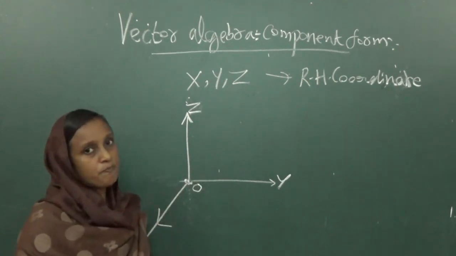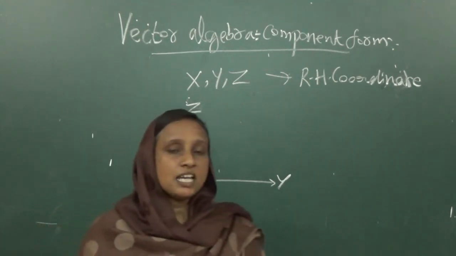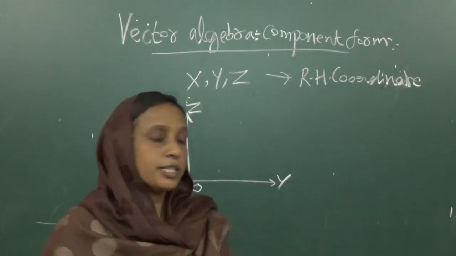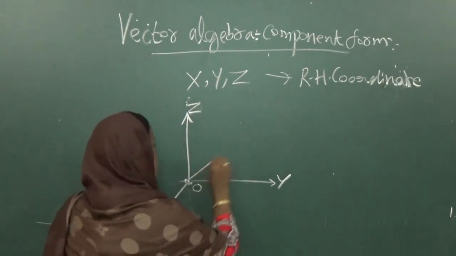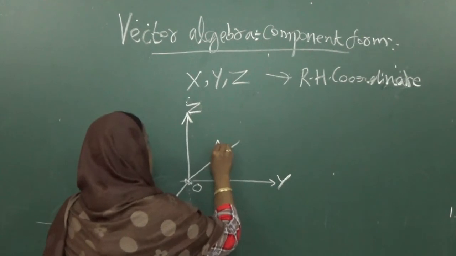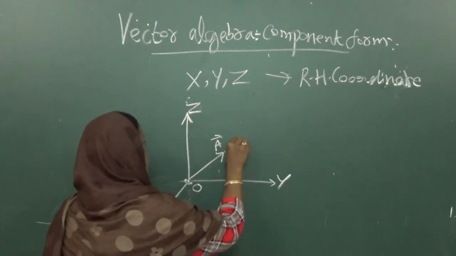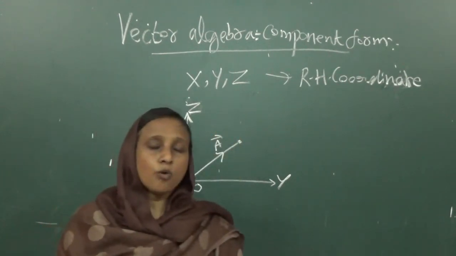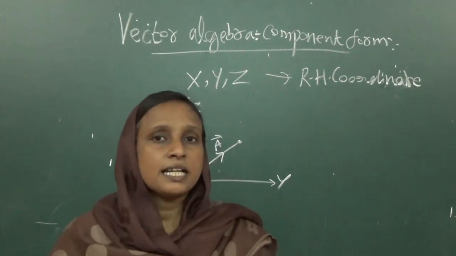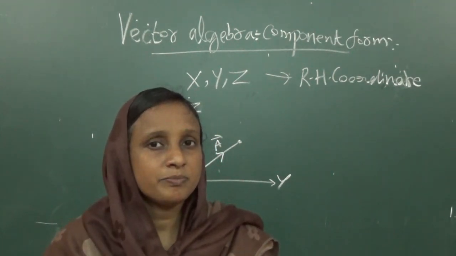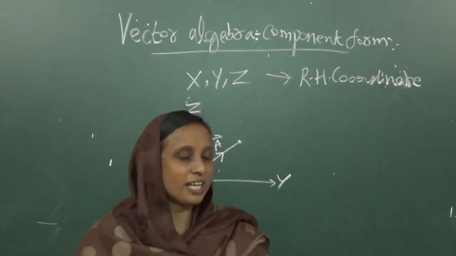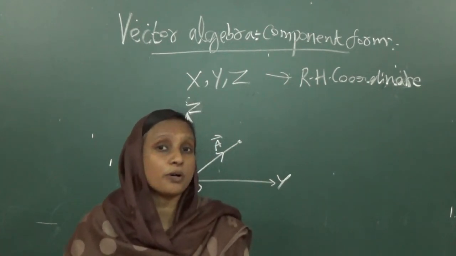In this system, we have to represent a vector A. Suppose this is our vector A. Now, how can we represent its components? All of you know that we already learned about the dot product.